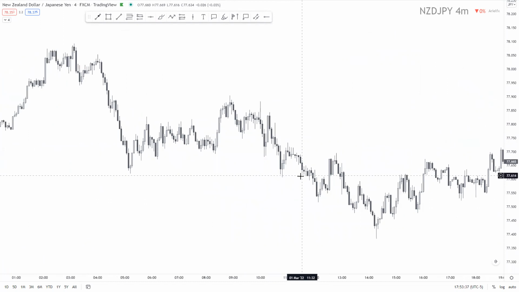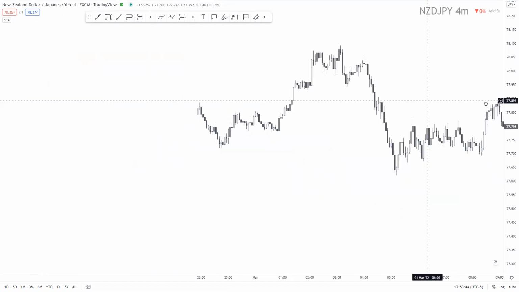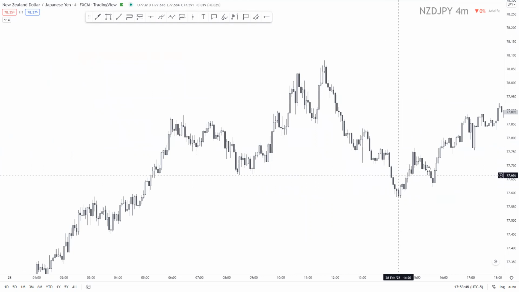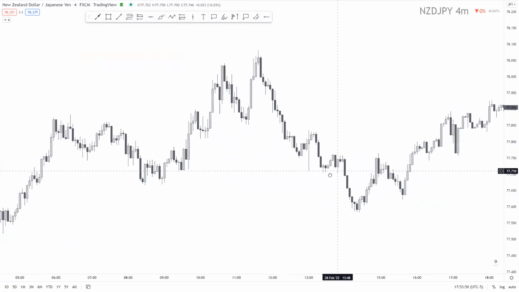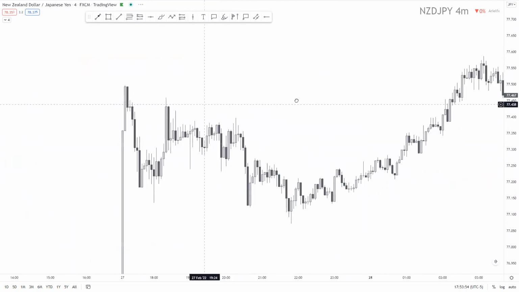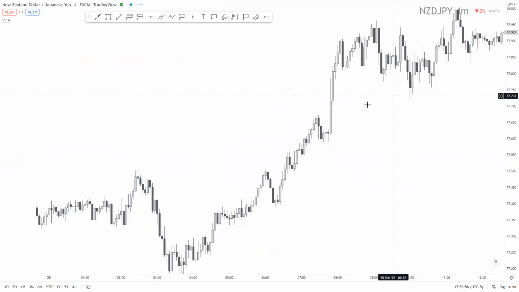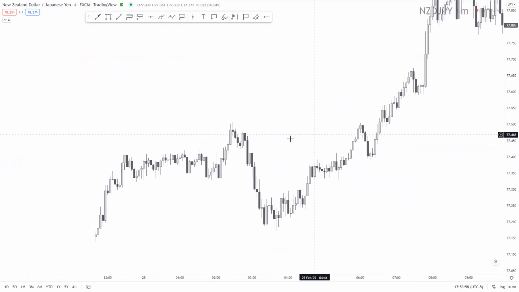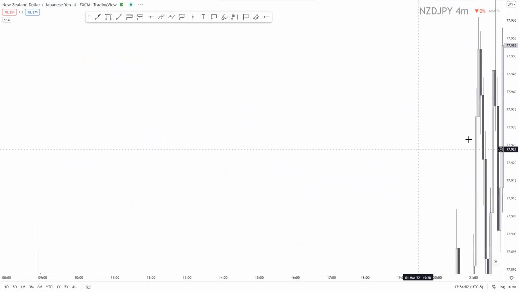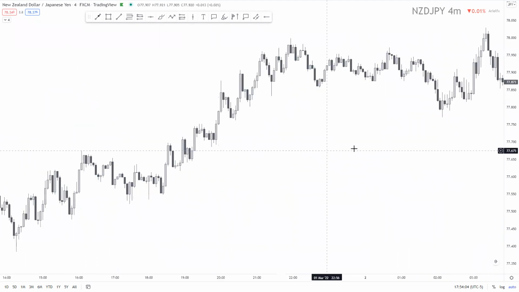NZD JPY usually is a pretty nice market, but let's see. If I can't find another example quickly, I'm not going to bother, because I want to show really obvious, apparent sponsor candles, because that is a large part of our strategy. But this video is approaching the 10-minute mark, so I am not going to go over that right now.